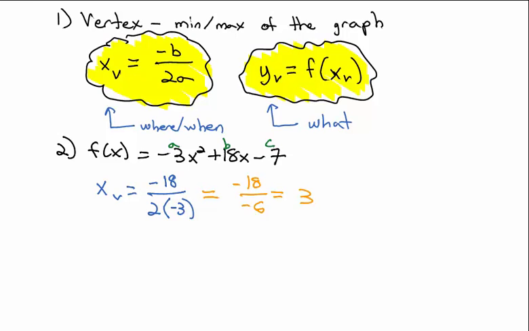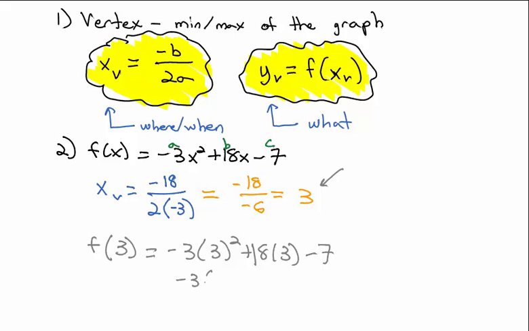That's the where. The when. What is this maximum value? We plug that value that we just found, 3, into the function to find f of 3. So negative 3 times 3 squared plus 18 times 3 minus 7.